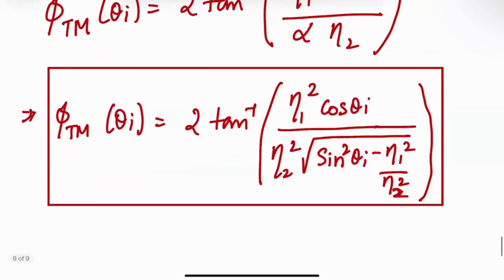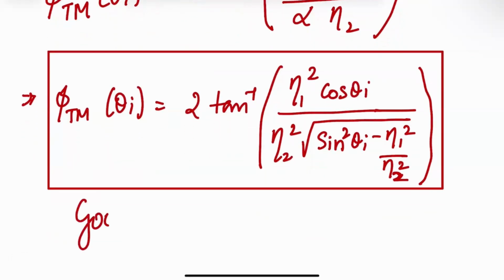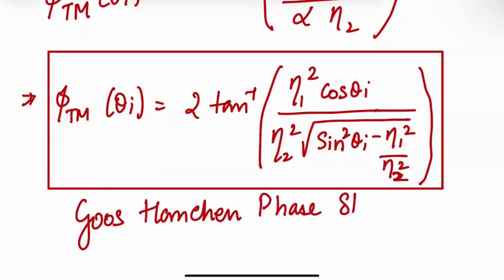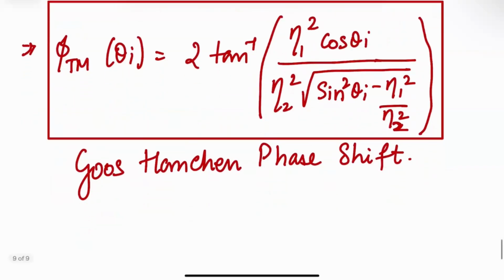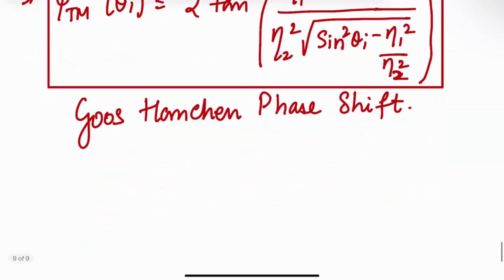Okay, this phase shift is called the Goos-Hanchen phase shift. So it's a small amount of phase shift that occurs when you have total internal reflection. Okay, you can also derive this same thing for TE.